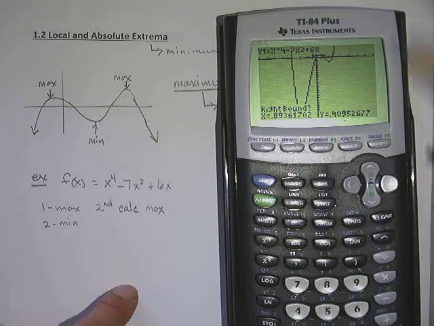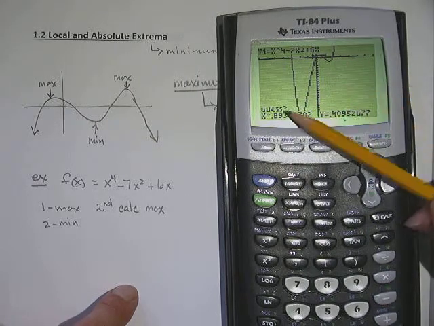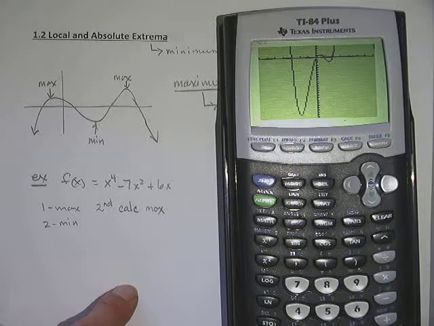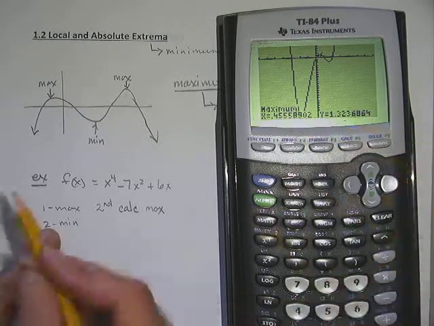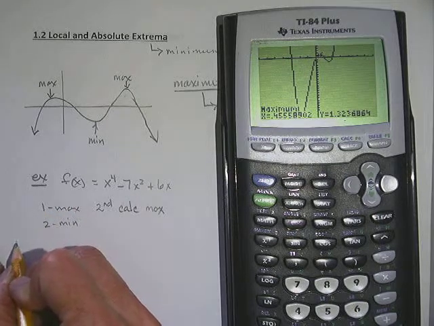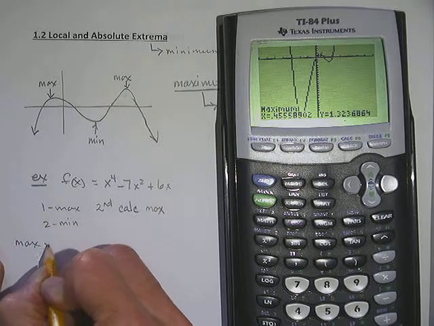Then I'm going to go over to this side, and now I have to go to the right side of that maximum peak. So you push enter. We want to guess, so you push enter again. It says the maximum value.